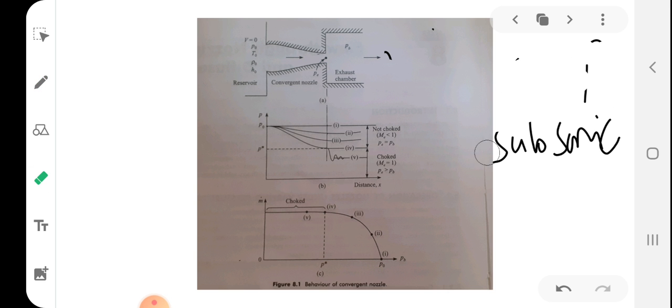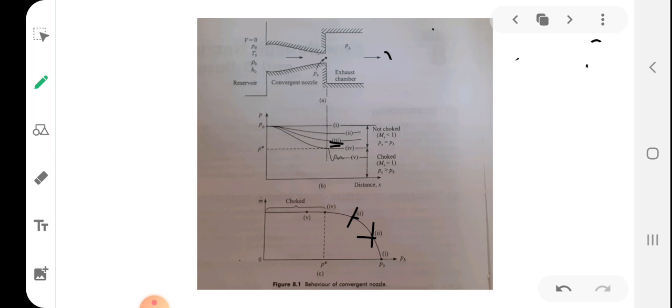Now what about the mass flow rate? Mass flow rate, you can see the second one is here. So mass flow rate slowly increases as the pressure is decreased. Mach number slowly increases. Similarly, again the third one, you can see that as the back pressure is decreased further, the mass flow rate again increases, and the pressure distribution of the nozzle changes as shown in the third figure.